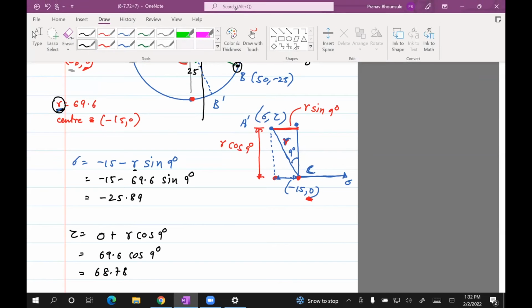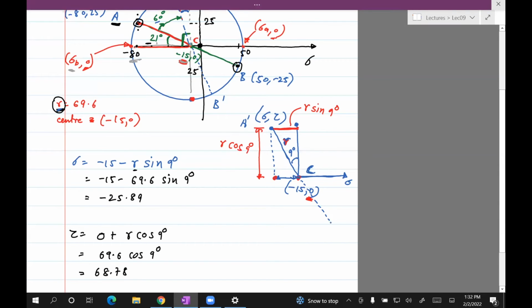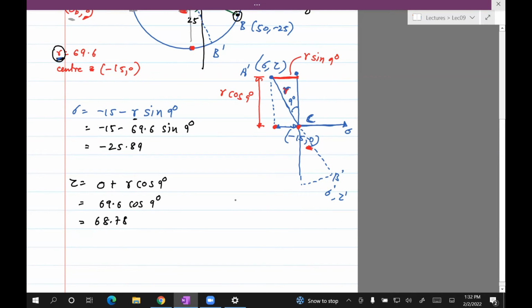If you wanted to find the coordinate of B prime, which is just diagonally opposite to this, you need to do the same construction for B prime. So sigma prime, tau prime. Try to do this yourself based on how I did it for A. Compute the coordinates of B prime, and you should get minus 4.1 for the x-axis and minus 68.78.